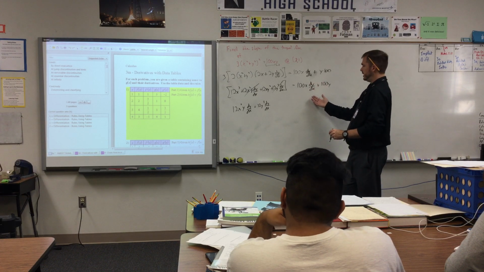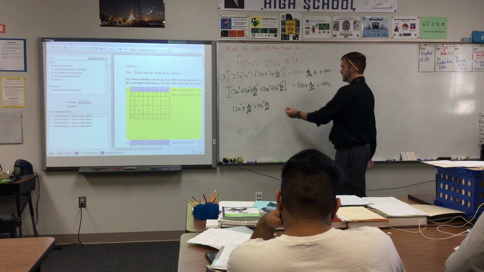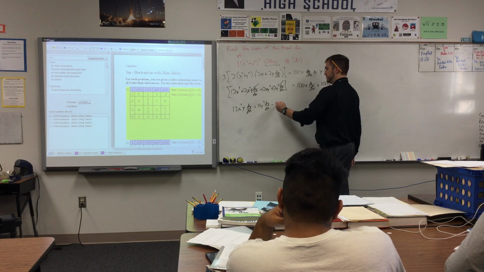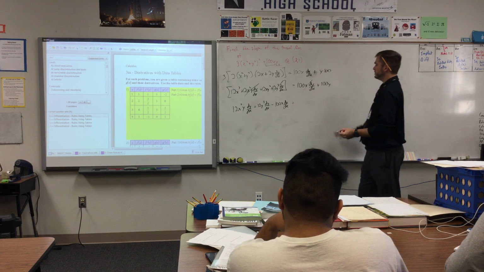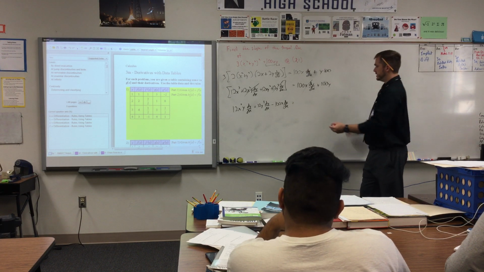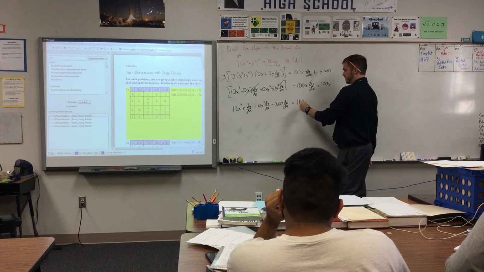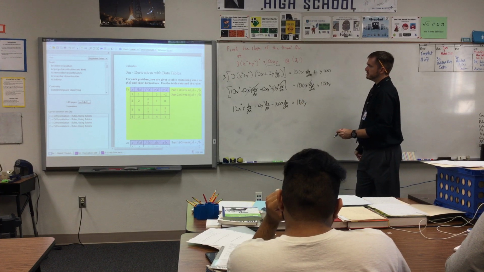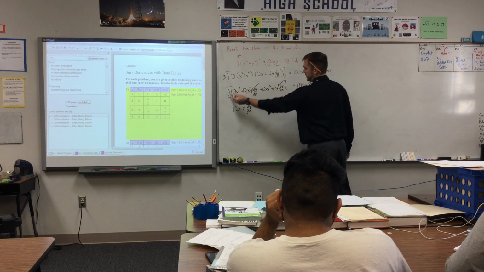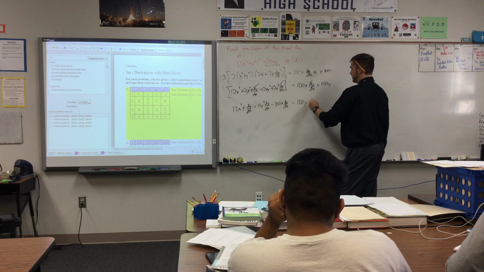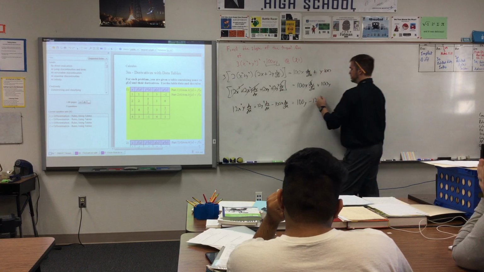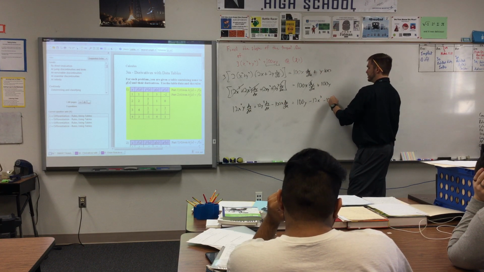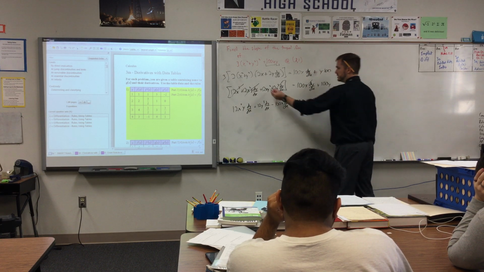I'll subtract 100x dy over dx from both sides, so minus 100x dy over dx, that takes care of that one. Over here on the right hand side, that 100y stays as is, and then I'll subtract this 12x cubed from both sides, so minus 12x cubed. And I'll subtract 12xy squared from both sides.